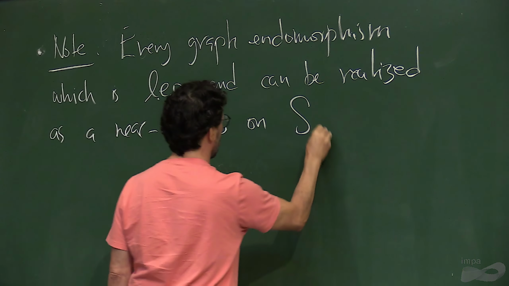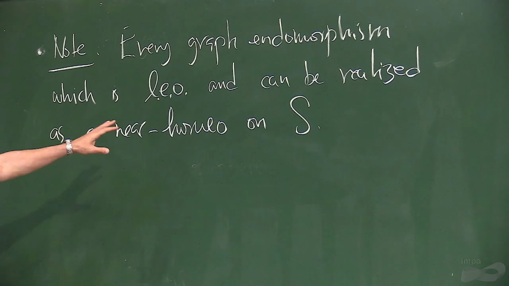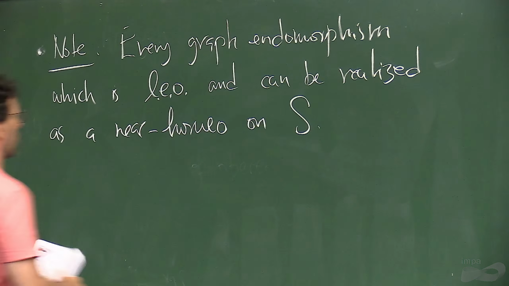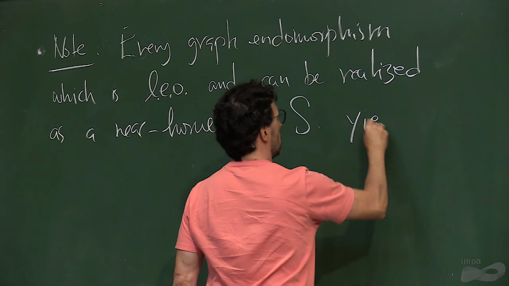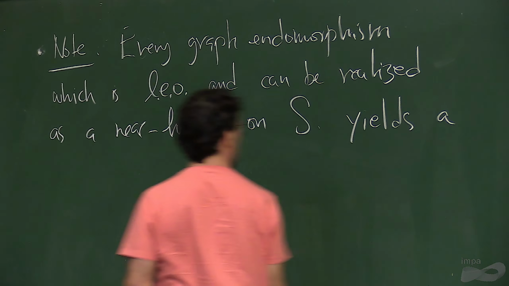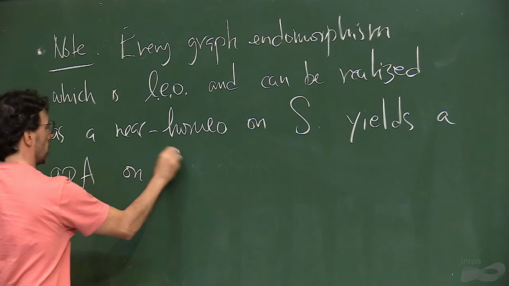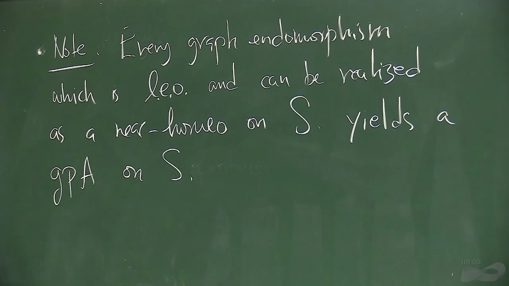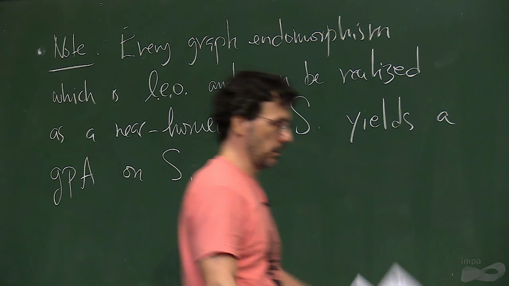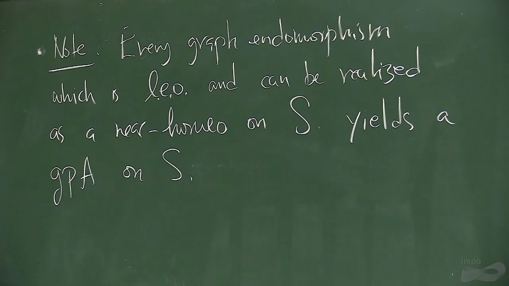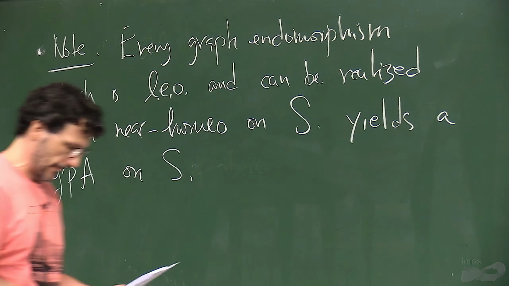A near homeomorphism is a map that can be arbitrarily well approximated by homeomorphisms, and this yields a GPA, a generalized pseudo-Anosov map on the surface. Okay, so these maps, you can find them abundantly in nature.